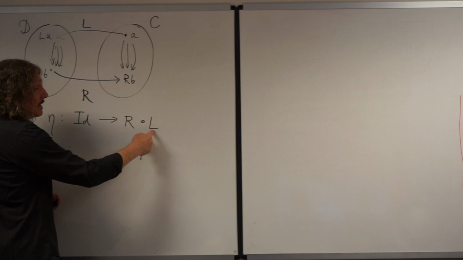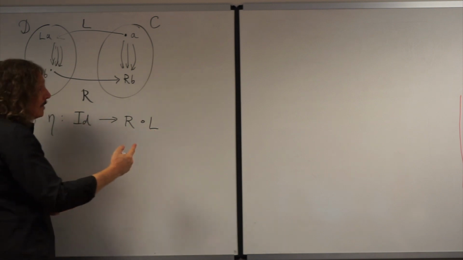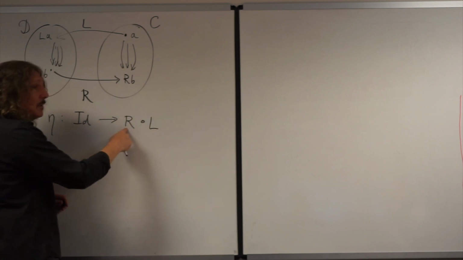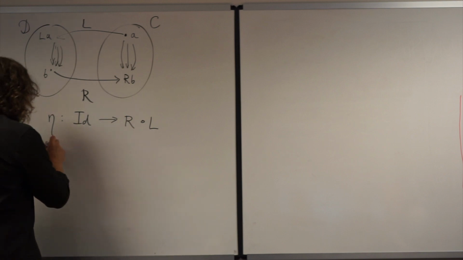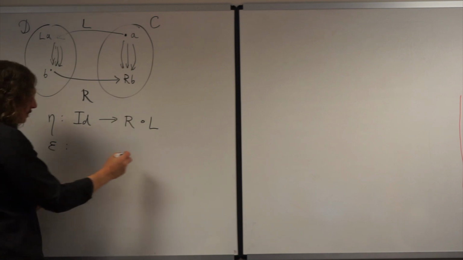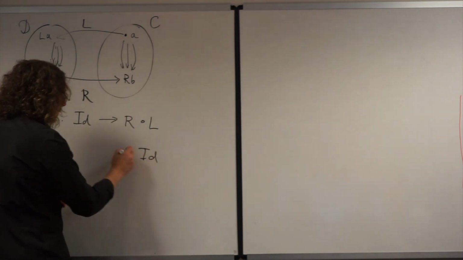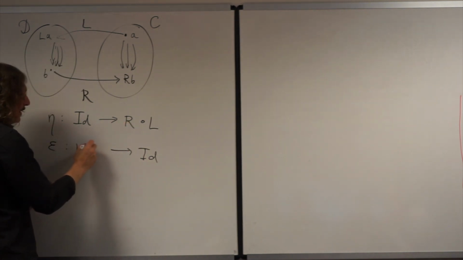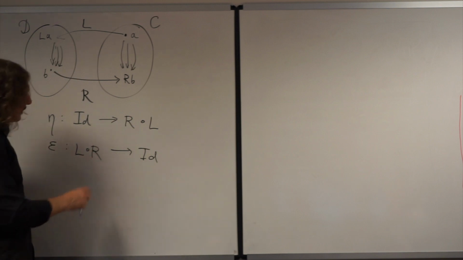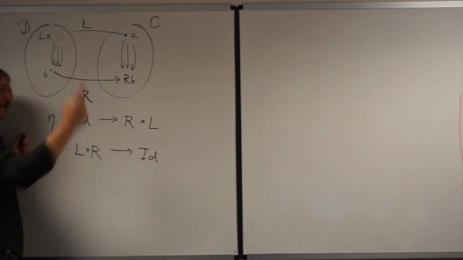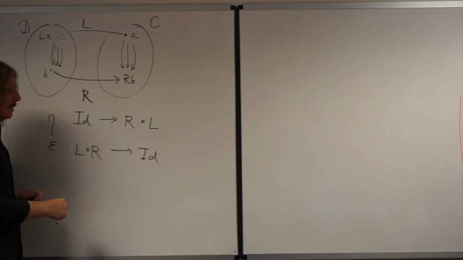This is the left, so this is the free functor. If we have a free-forgetful adjunction, this will be the free functor that generates a bunch of stuff, and this one forgets about the structure. Right? And the other natural transformation was going the other way around. So it was going to the identity functor, but it was going from L after R. Okay, so it first forgets and then creates new stuff, right?